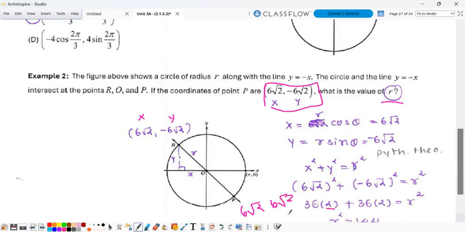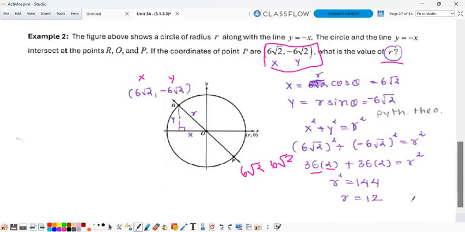Root 2 times root 2 makes 2, and 6 times 6 makes 36. Now negative 6 squared is again 36, and 36 times 2 is 72. If you add both of them together it is 144, and the square root of 144 is 12.